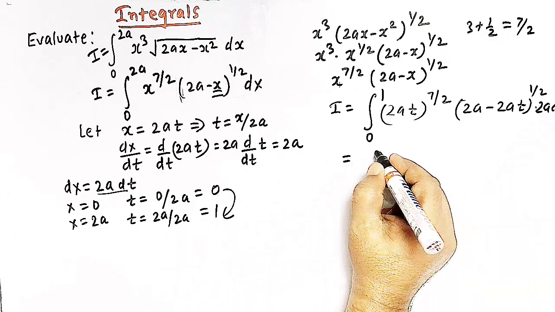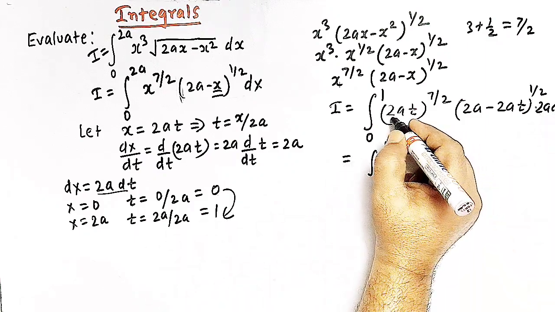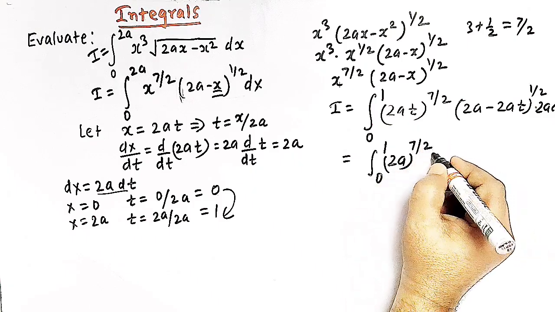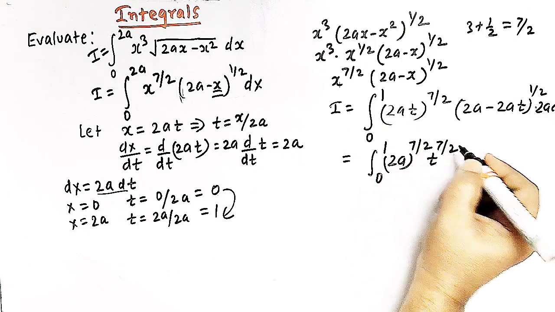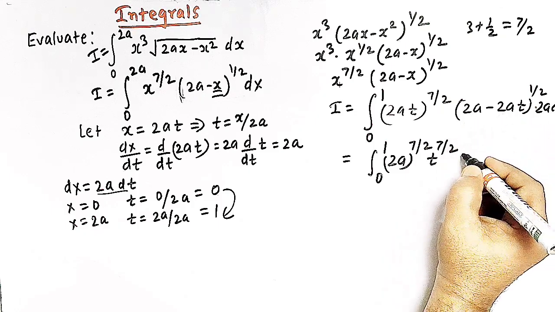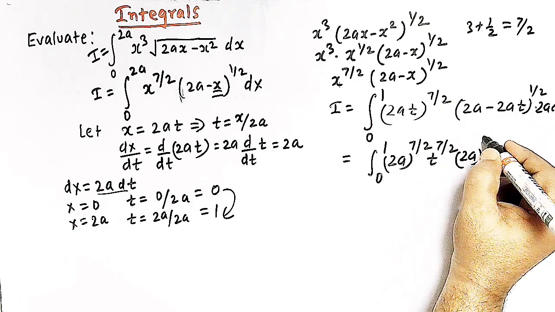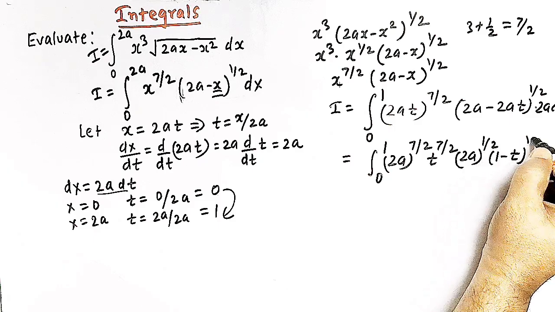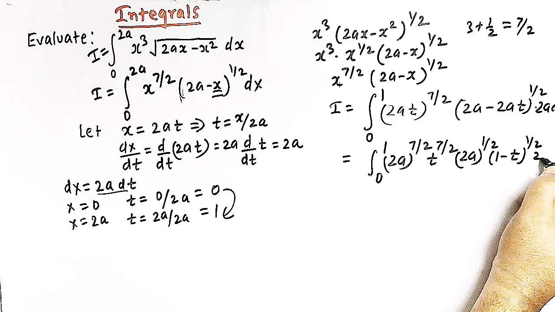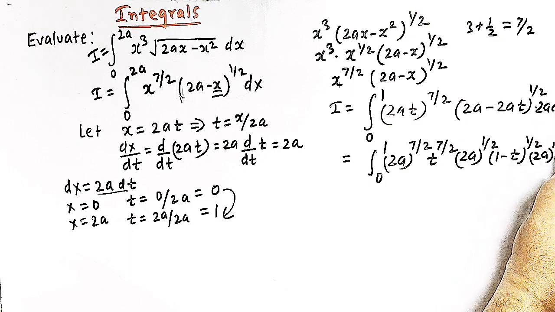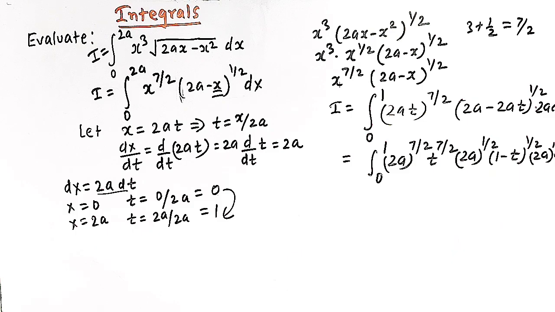So now we can write 0 to 1, and here we can write 2a raised to 7 over 2 and t raised to 7 over 2, and here we can take 2a common, so we have 2a raised to half, and we have 1 minus t raised to half, and here we have 2a dt. So we can now write 2a raised to 1, and here we have dt.